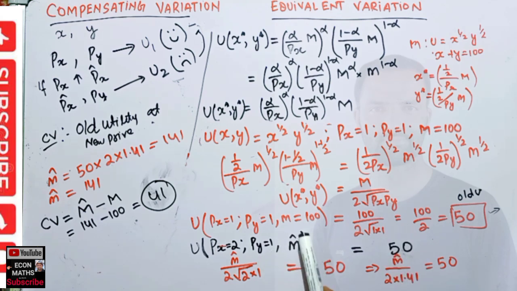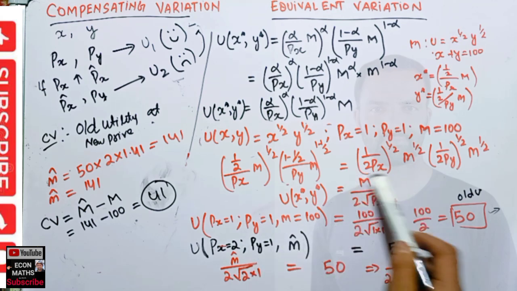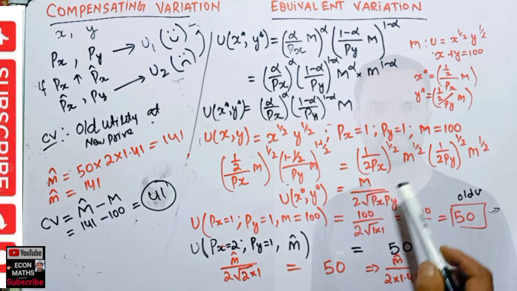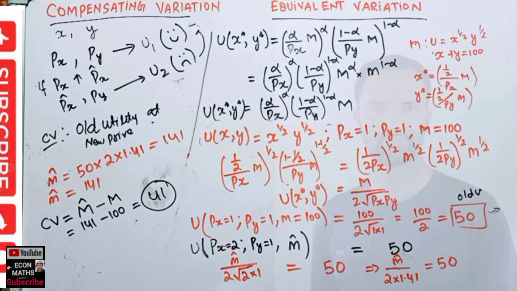For that we just need to put these things in this indirect utility function. We put the value of m as m, then price of x was 2, the price of y was 1, and when we set it equal to the old utility and solved for m, we got the value of m equal to $141.